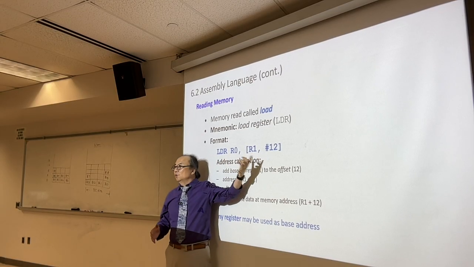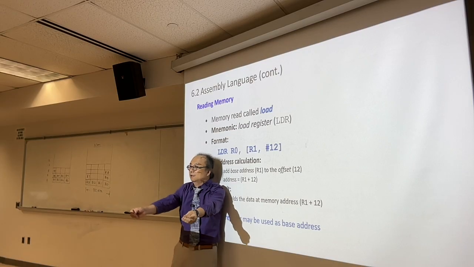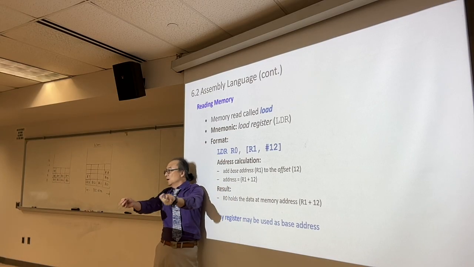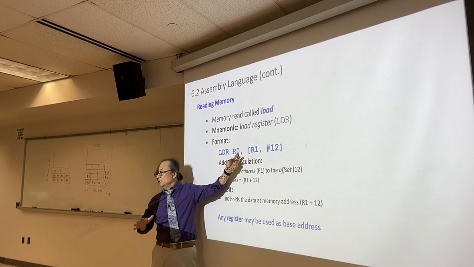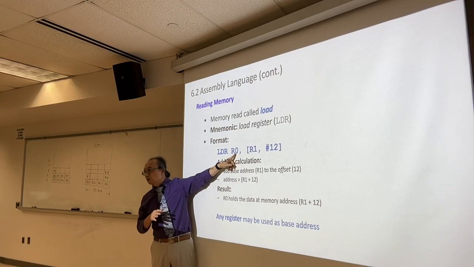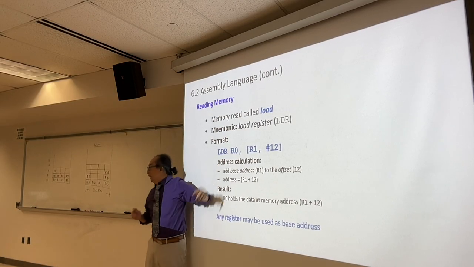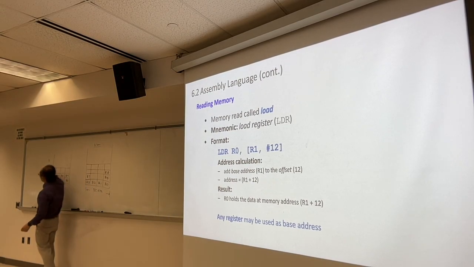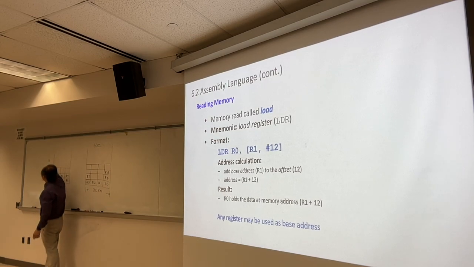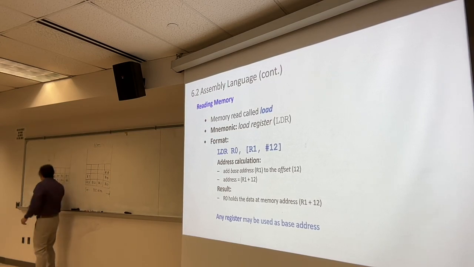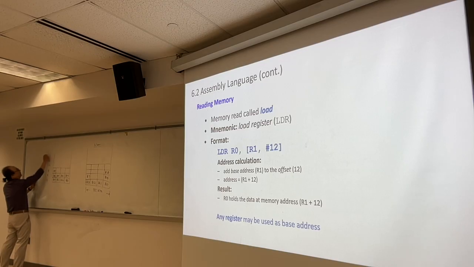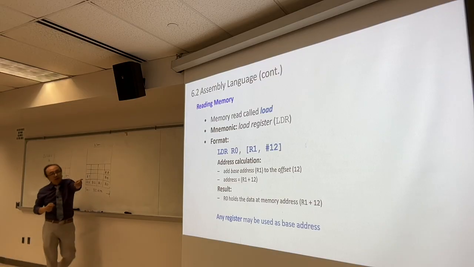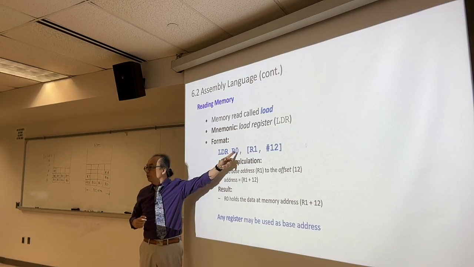We go into memory, take the content of that memory location, and put it into R0. Make sense? Now, where to go? In the main memory there are addresses, right? We need to go to a very specific location, like 16 or 0xFFFF, and then read the 32 bits and bring it to R0. That's what we want to do.